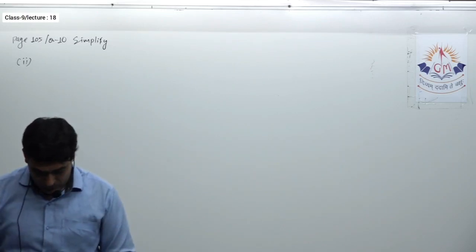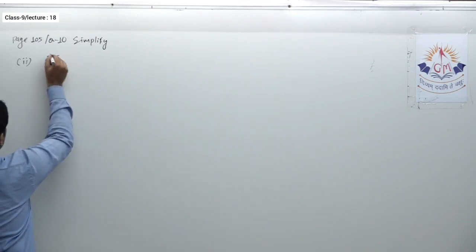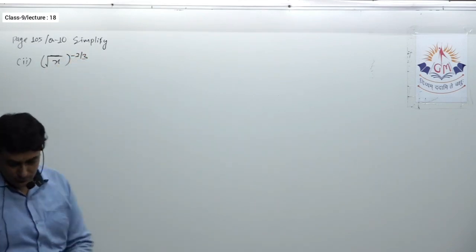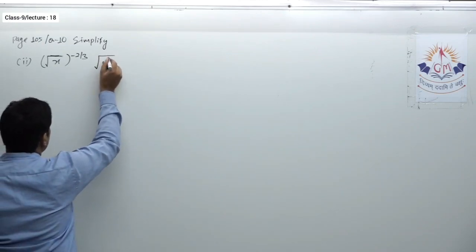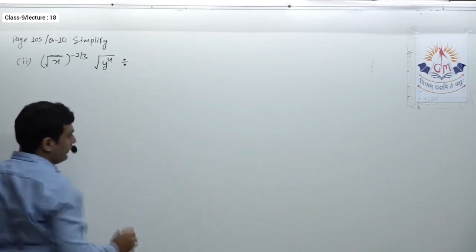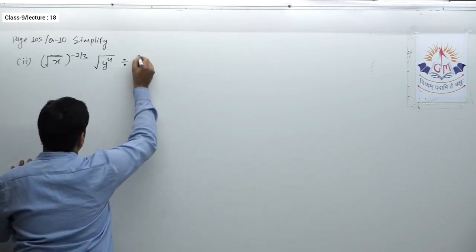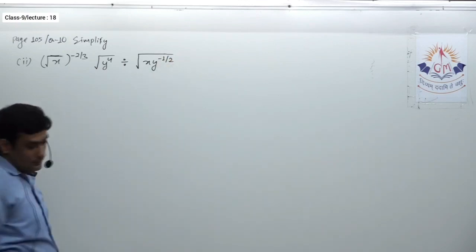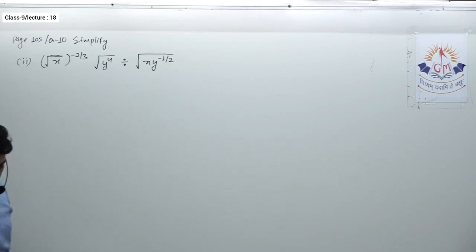Okay, question is: root of x raised to minus 2 by 3, into y raised to 4, the whole under root, divided by root of x, y raised to minus 1 by 2. So let us see how to simplify this.